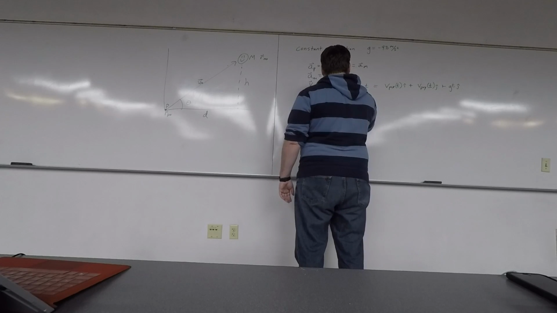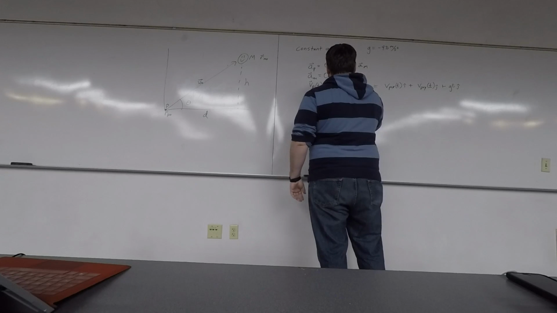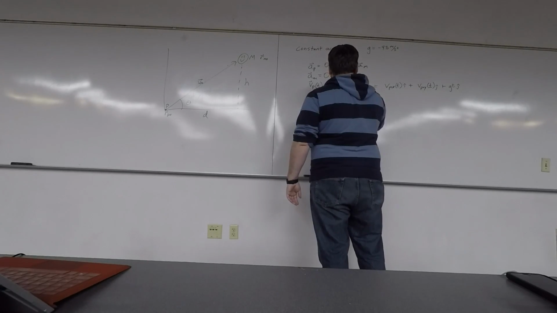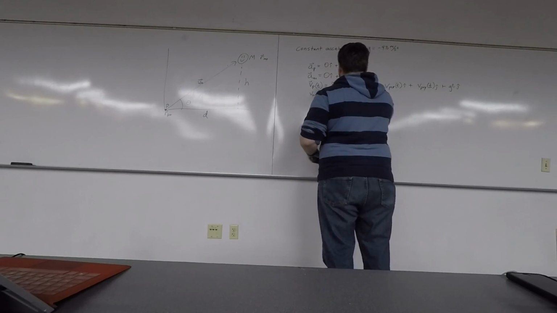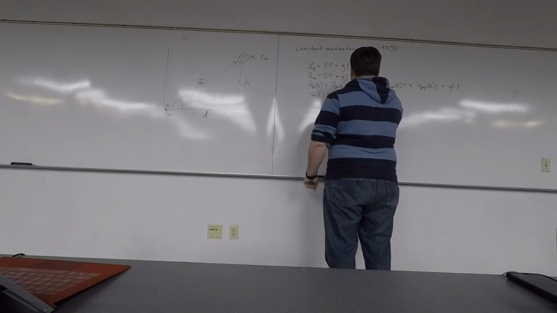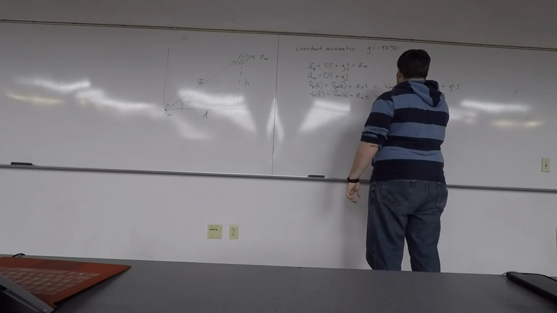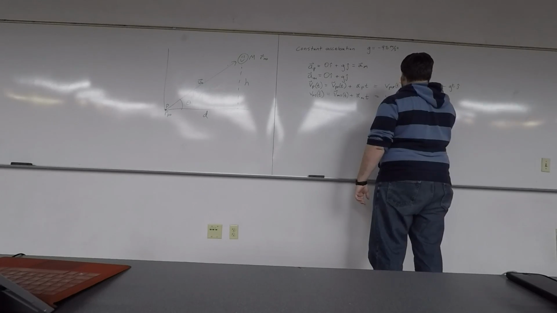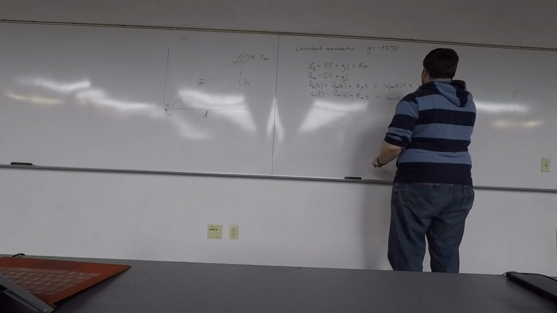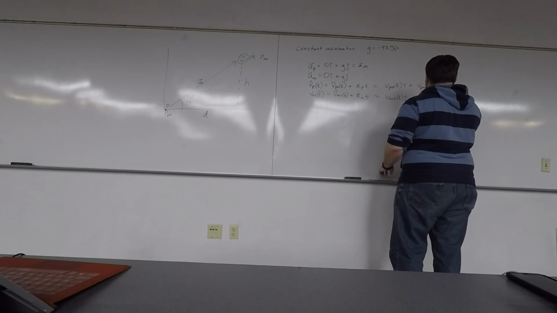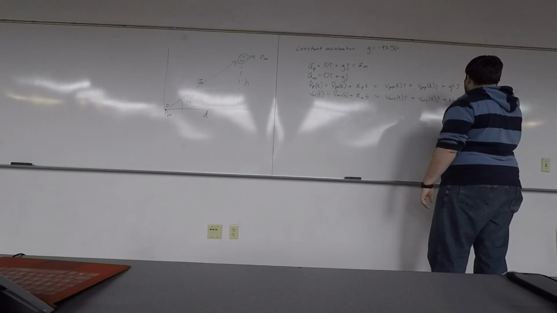No, I'm going to put it at 0 later. r monkey of t equals v initial monkey x t i hat plus v_y t j hat plus g t j hat. These indices are crazy.